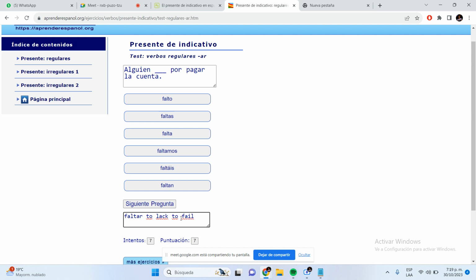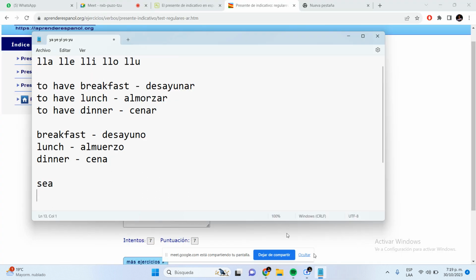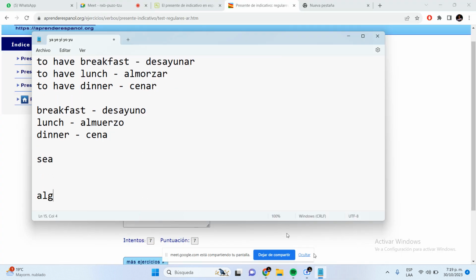So someone, they, it would be ellas faltan. I know you can translate it as they, but if I'm talking about alguien, I know it's not specific, but I'm not thinking about alguien as they.